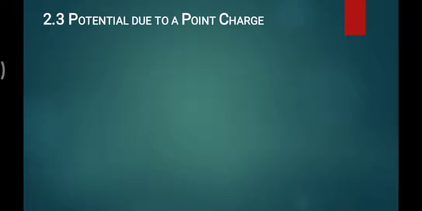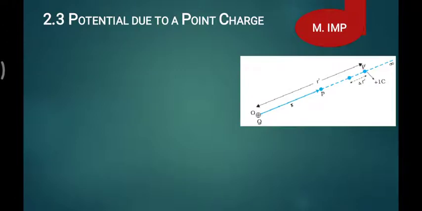Now we go to the potential due to a point charge, which is a very important point from the exam point of view, and also for equations and examples. The diagram is similar: again a source charge, and another charge we are bringing from infinite distance.